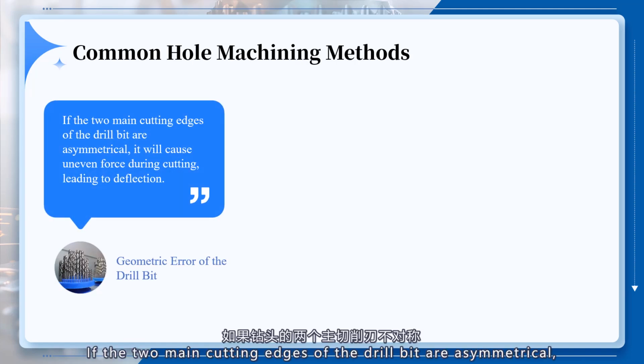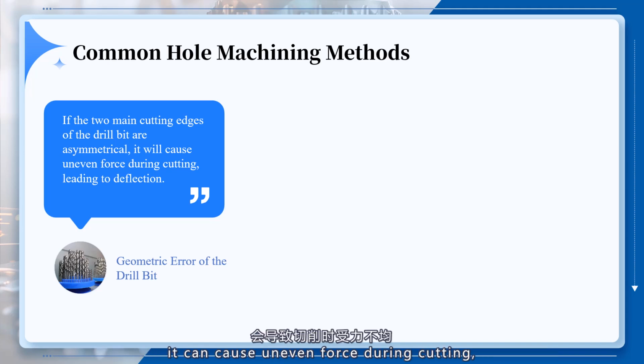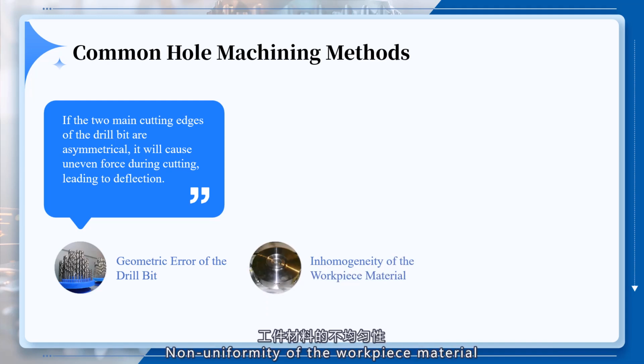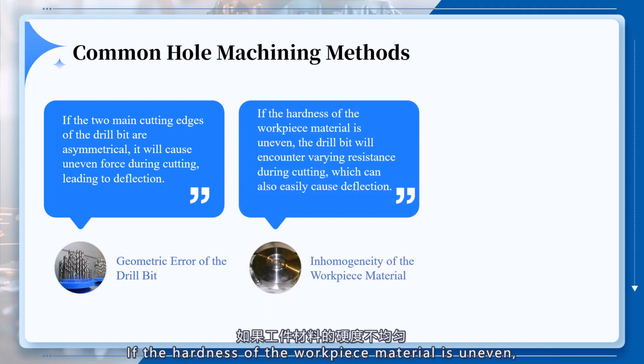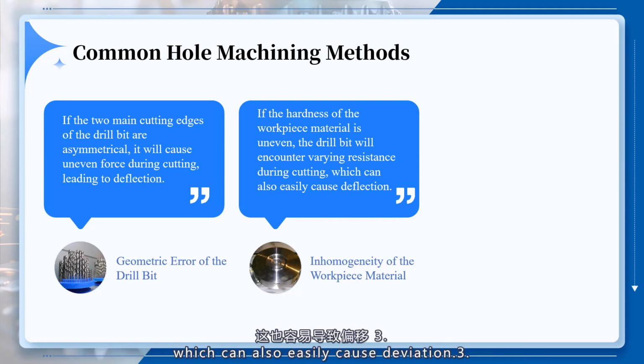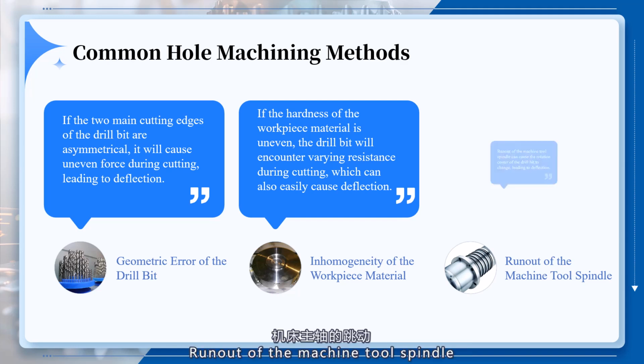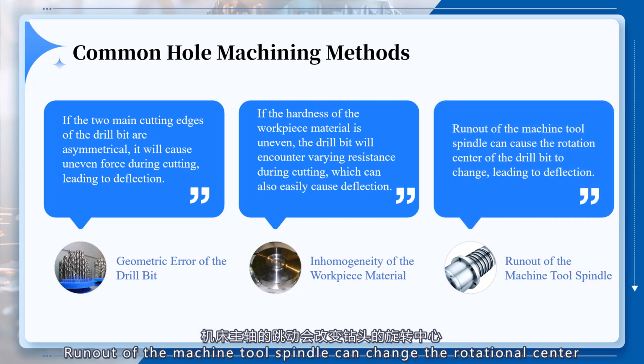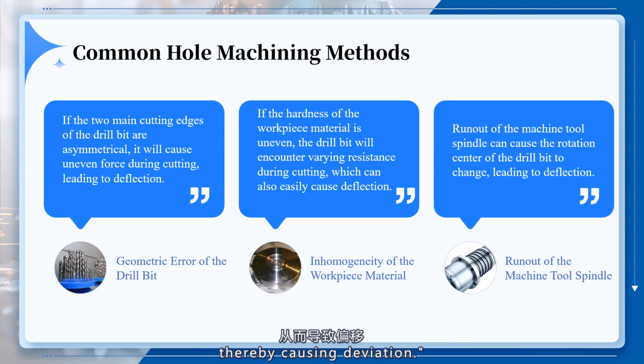If the two main cutting edges of the drill bit are asymmetrical, it can cause uneven force during cutting, leading to deviation. 2. Non-uniformity of the workpiece material. If the hardness of the workpiece material is uneven, the drill bit will encounter varying resistance during cutting, which can also easily cause deviation. 3. Runout of the machine tool spindle. Runout of the machine tool spindle can change the rotational center of the drill bit, thereby causing deviation.